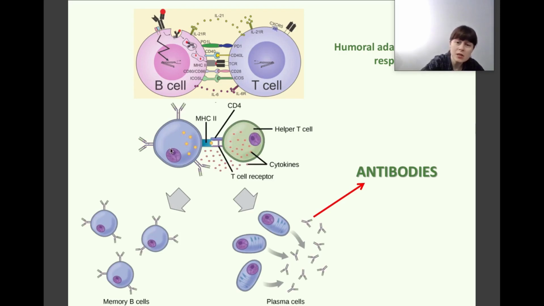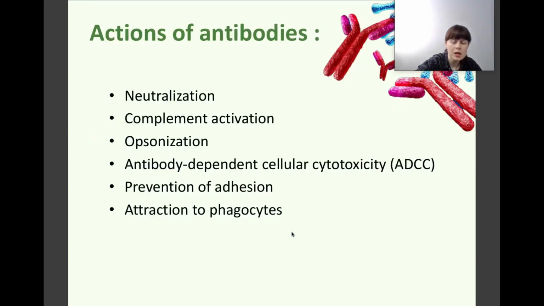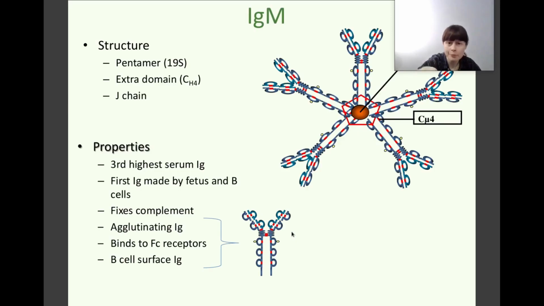These B cells are activated by T helper cells and develop into plasma cells, and plasma cells produce antibodies. Because of this we see that the first immunoglobulin produced in the primary immune response is immunoglobulin M.